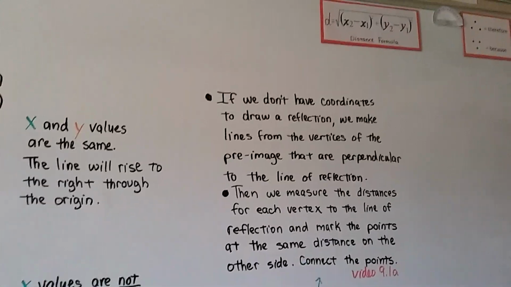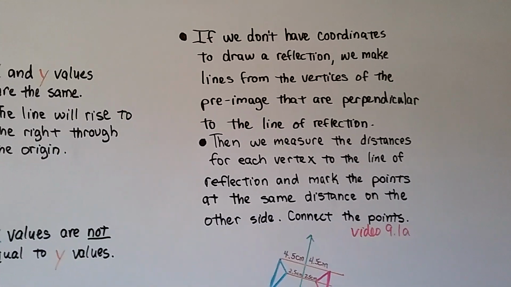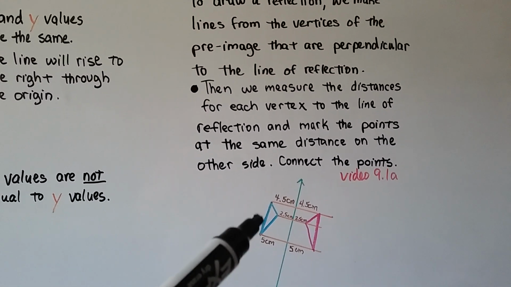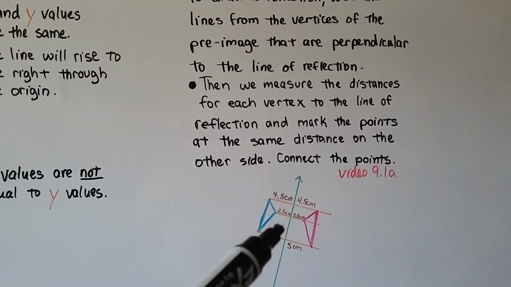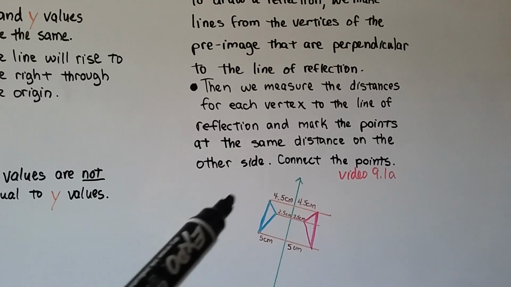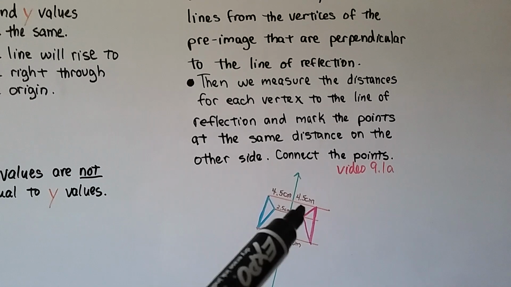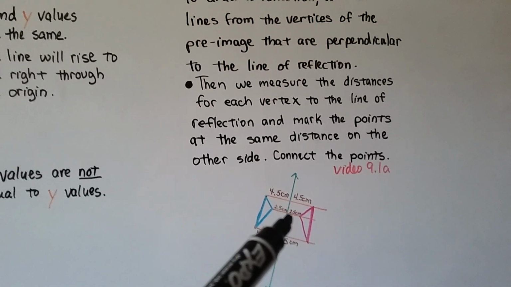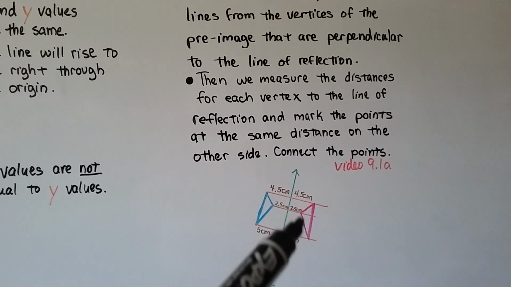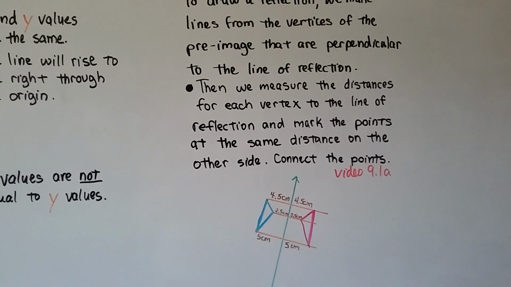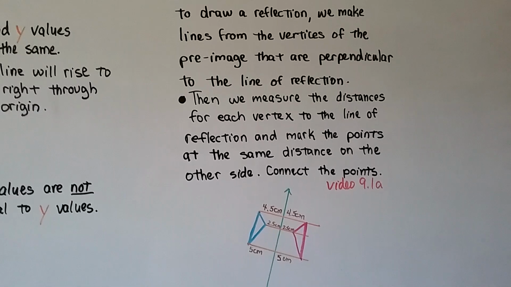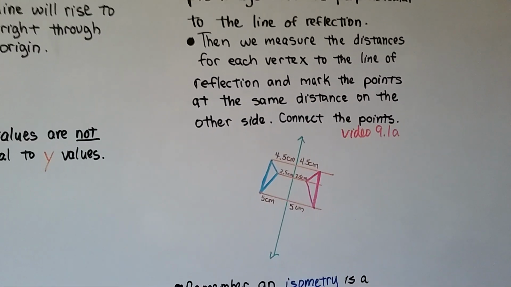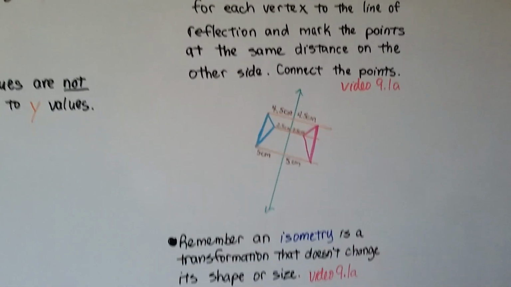And from our previous video, if we don't have coordinates to draw a reflection, we can make lines from the vertices of the pre-image that are perpendicular to the line of reflection, and then we measure the distances. So if this is 4.5 centimeters, we make a point 4.5 centimeters here. If this is 2.5 centimeters, we make a point 2.5 centimeters on this side of the line of reflection, 5 centimeters, 5 centimeters, and we mark those points and we connect the points, and we've made a reflection without any ordered pairs or coordinates, okay?